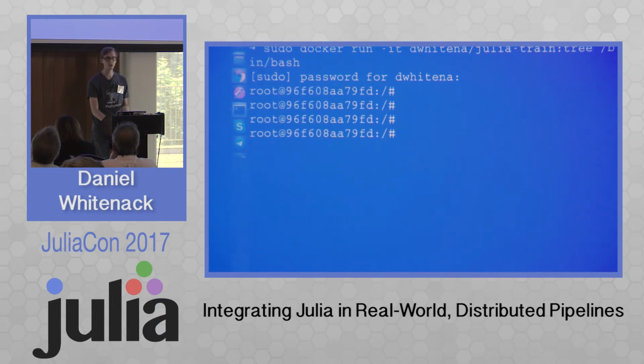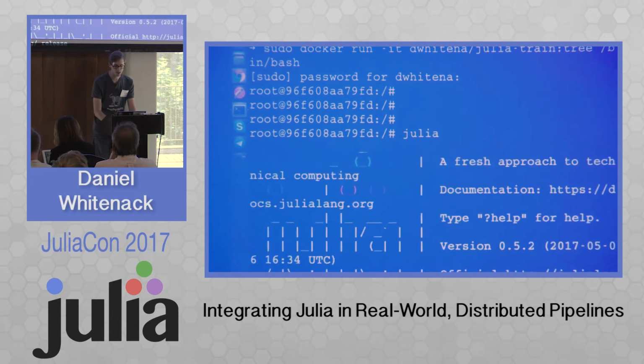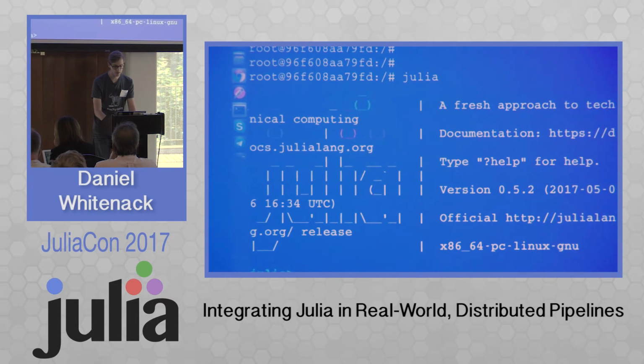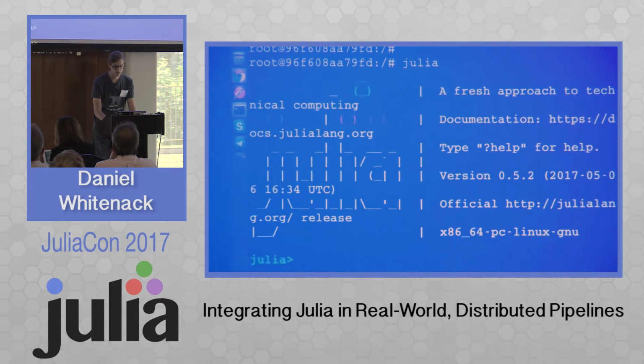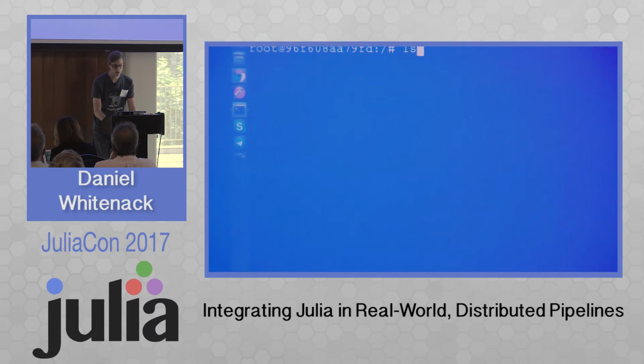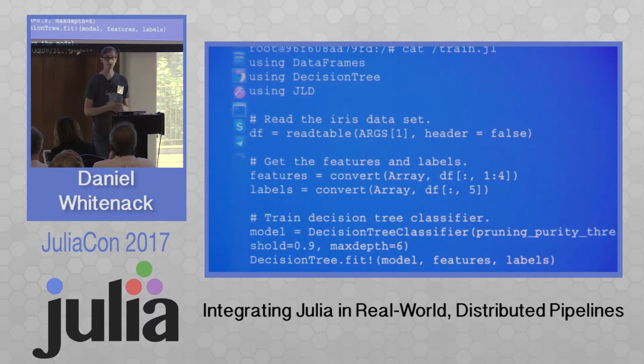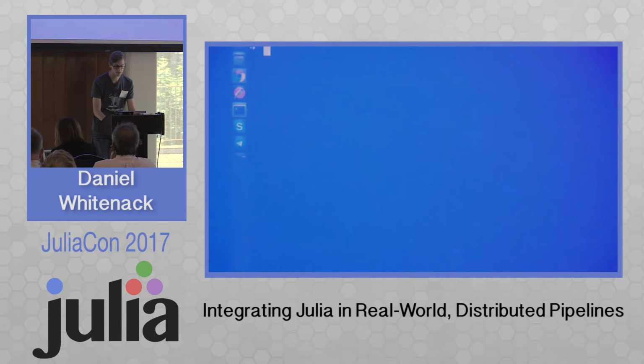I'm now inside this running container. What I wanted to show you is that Julia is here, and we also have the script I just showed you, the same one as in the Docker image. So we have Julia, we have our train.jl, and it includes those packages that we installed.